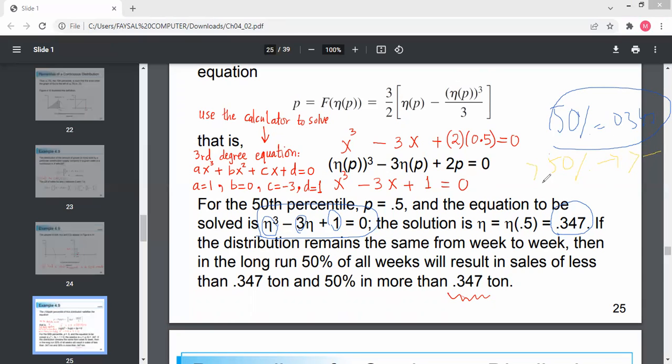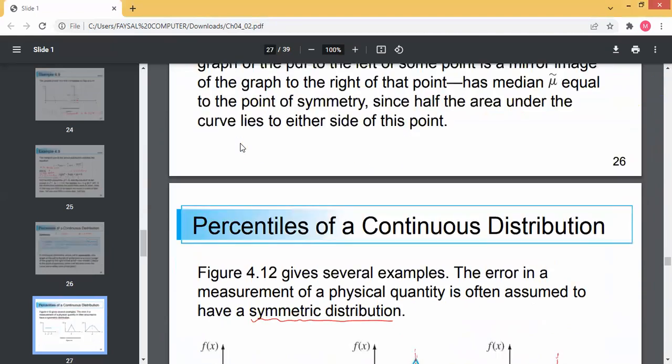When it is less than 50%, my value will be less than this value. So this is the way to solve this question: find a general value, and after finding the general value, I assume that if the sale is greater or less, my value will be greater or less respectively. Okay.